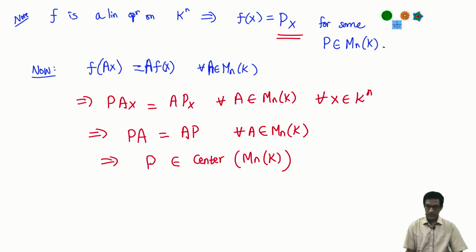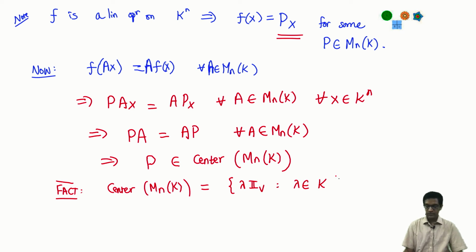So I conclude that this matrix P must belong to the center of this ring. And here's a little fact, which maybe we will prove during one of the tutorials: the center of the ring of matrices, in other words the set of matrices which commute with all matrices, is nothing but the scalar matrices. These are the only ones which commute with all matrices, the set of all lambda times the identity, for lambda in K.